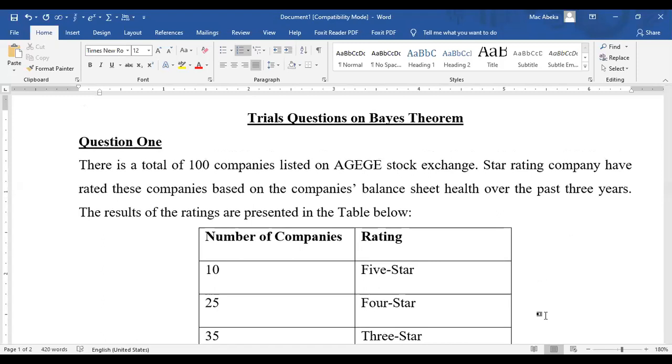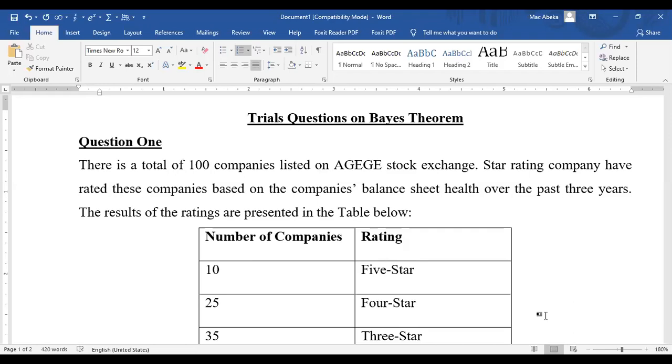It says that there is a total of 100 companies listed on Agege Stock Exchange. Star Rating Company have rated these companies based on the company's balance sheet health over the past 3 years. So essentially, this question is explaining the fact that there is a rating company that have rated the performance of companies based on how healthy their balance sheet is over the past 3 years.